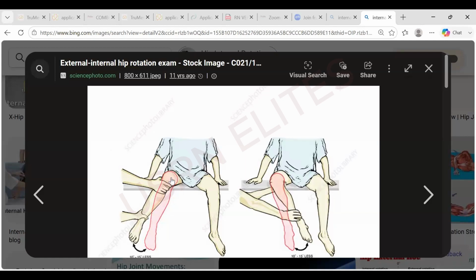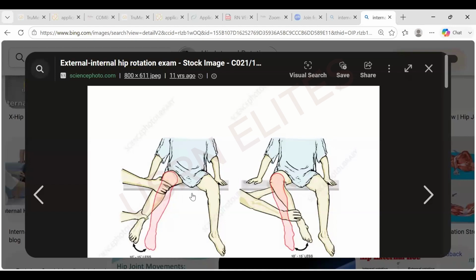What I'm saying is that, look at, assuming this is the hip and we've operated here. If you move the leg outwards, that is external rotation, going out is external and going inside is internal. If we move the leg outwards, the hip will be displaced.